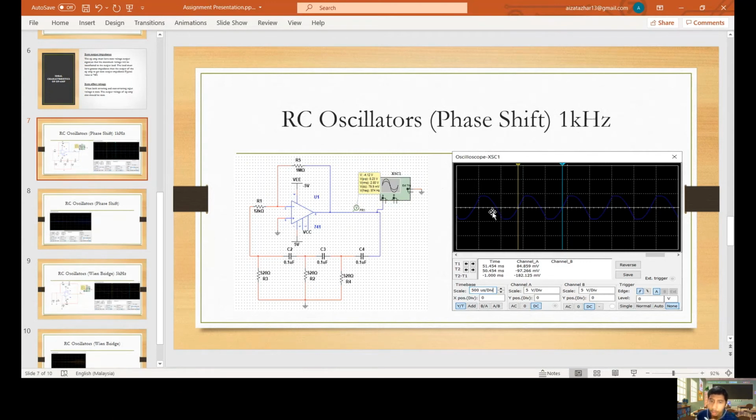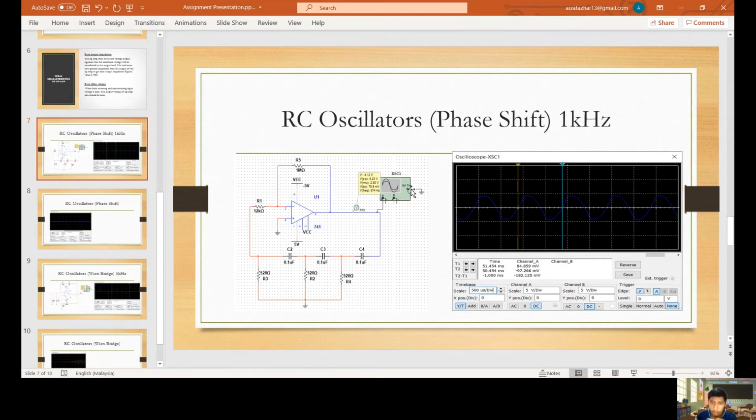As we know, based on the time period and the formula, if the time decreases, the frequency will increase.